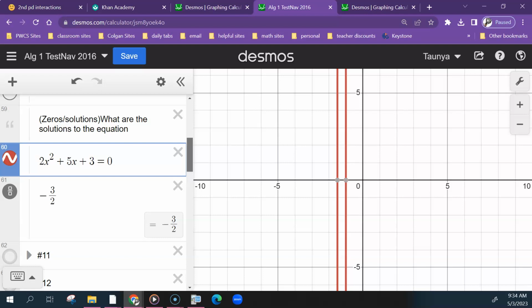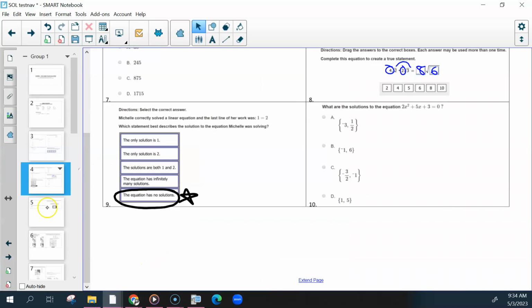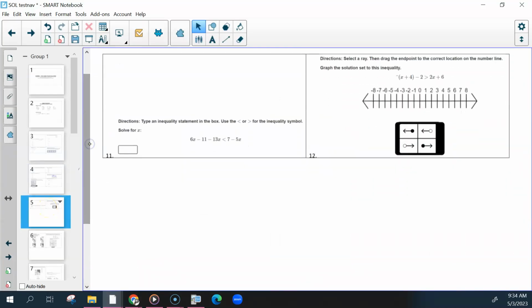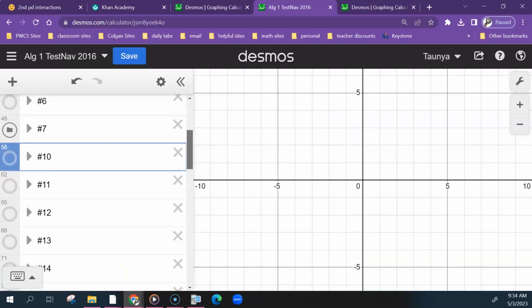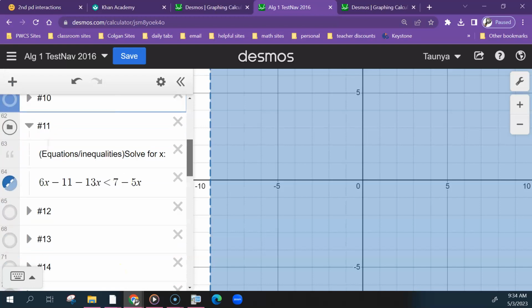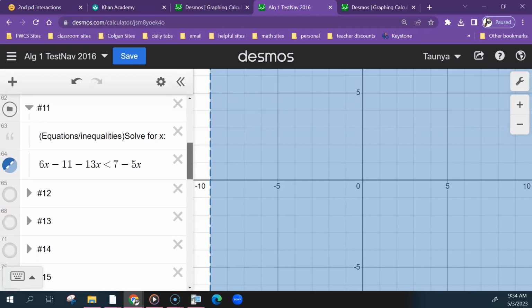All right. Questions so far? Moving on. All of your equations and inequalities can be done on Desmos. You can do it by hand, but you can also do it on Desmos. If you put that in, you just have to know how to read it.